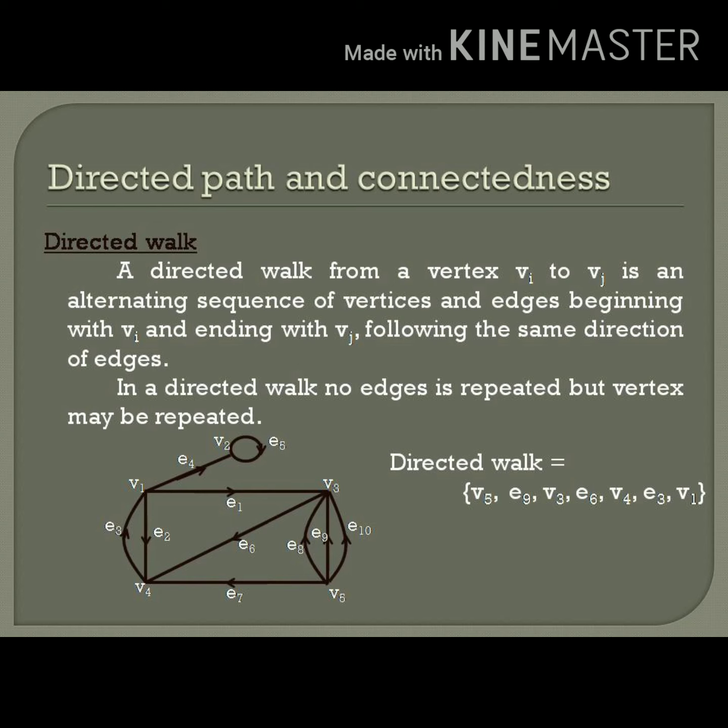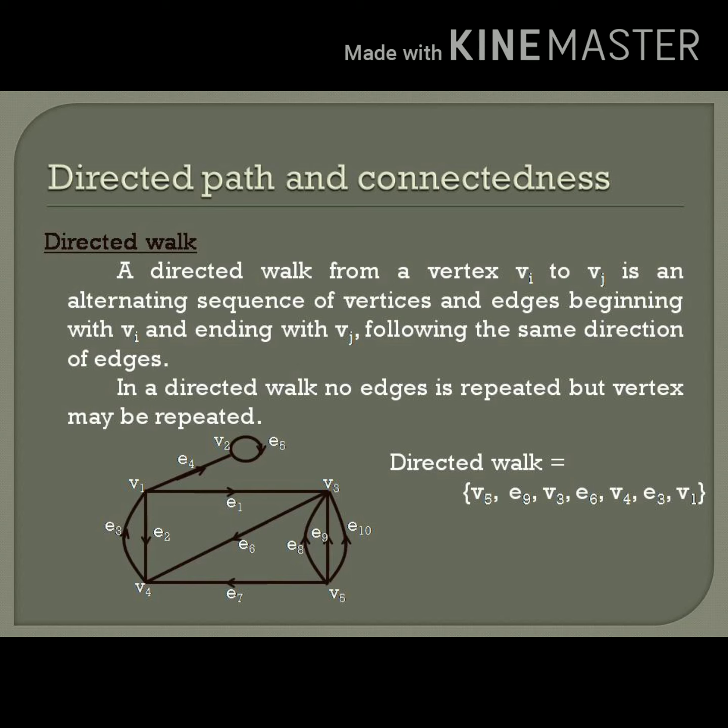First, directed walk. A directed walk from a vertex Vi to Vj is an alternating sequence of vertices and edges beginning with Vi and ending with Vj, following the same direction of edges.